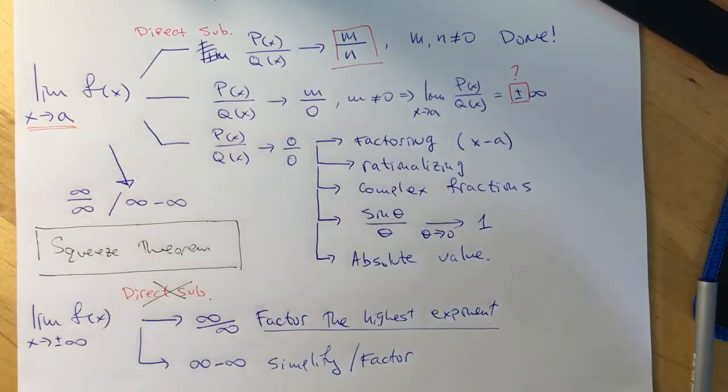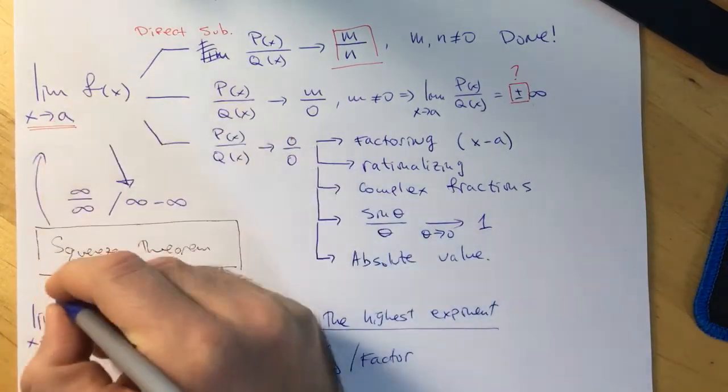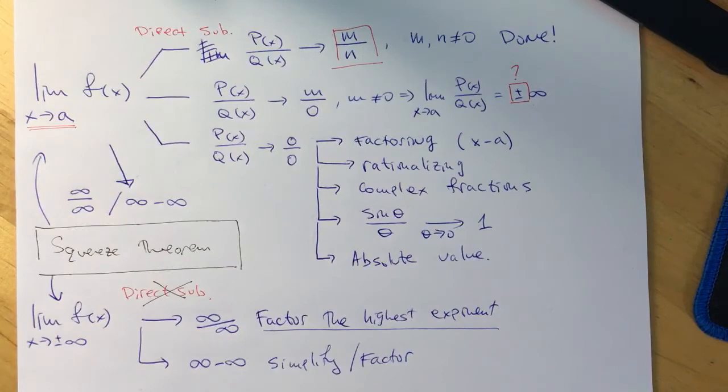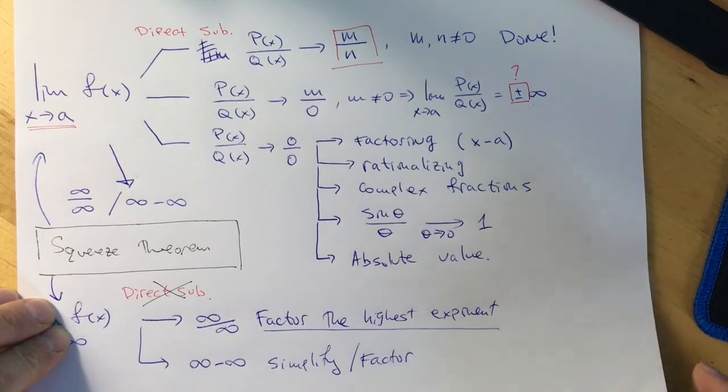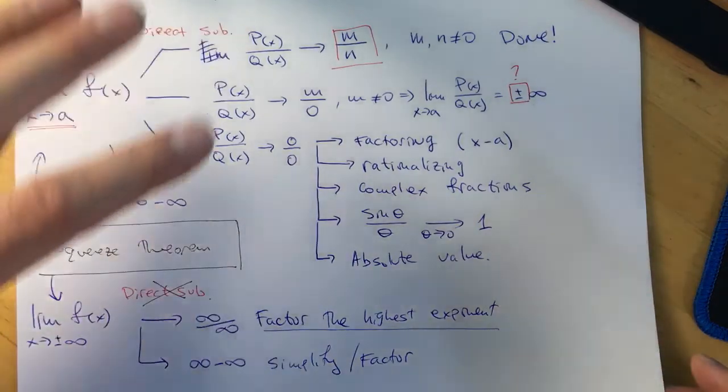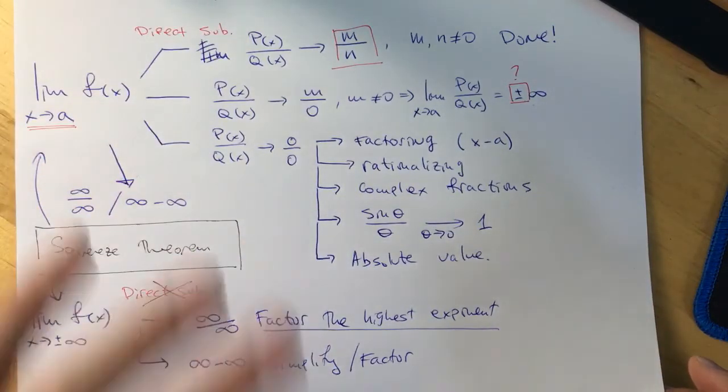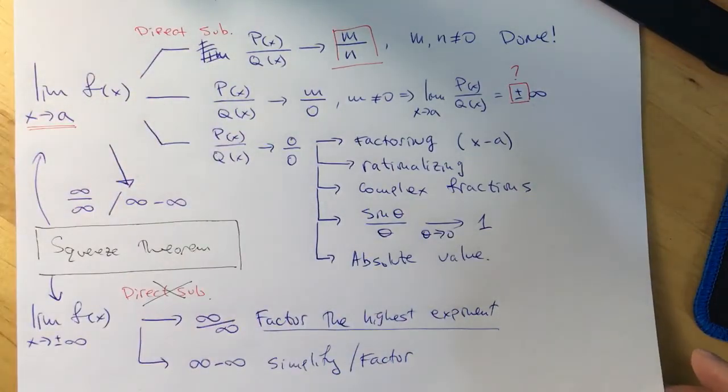And the squeeze theorem can be used for this type of limits or this type of limits, depending on the question. Okay, so let's do a few examples here for all the questions. For all the examples, the question is solve the following limits, and you will see how this question will fit in one of these situations.